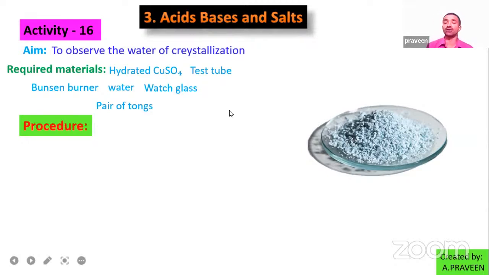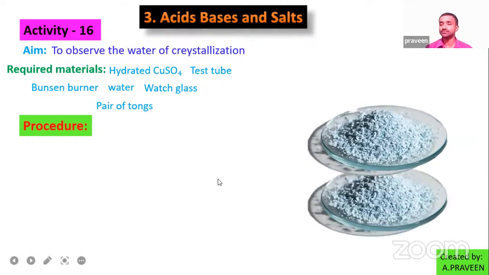On heating, we notice that blue hydrated copper sulfate changed into white crystals. That sample is taken into the watch glass. Then add two or three droplets of water on the sample.